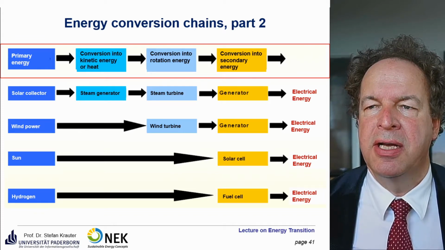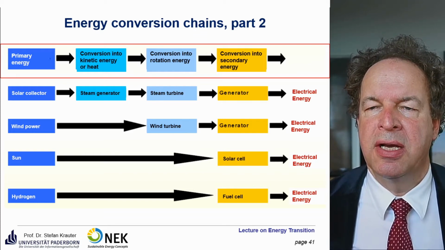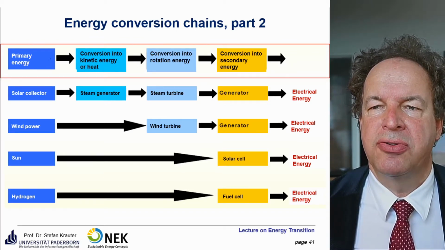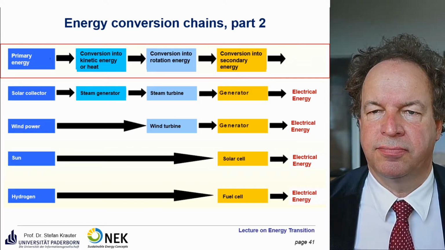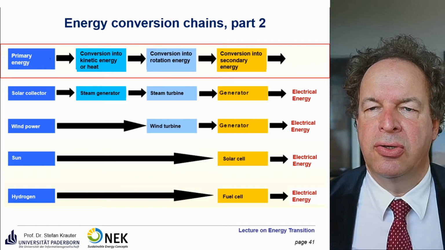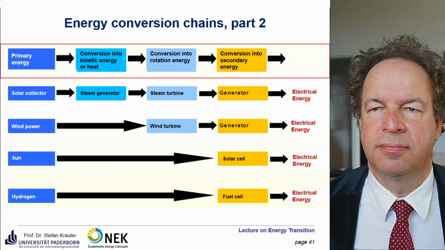We can directly use wind energy to convert it into rotation energy, which drives a generator, and convert that into electrical energy. We can also have even more direct conversion if we convert sunlight directly into electricity via the photovoltaic principle, via a solar cell. Also, we can use hydrogen to convert it into electrical energy via a fuel cell.